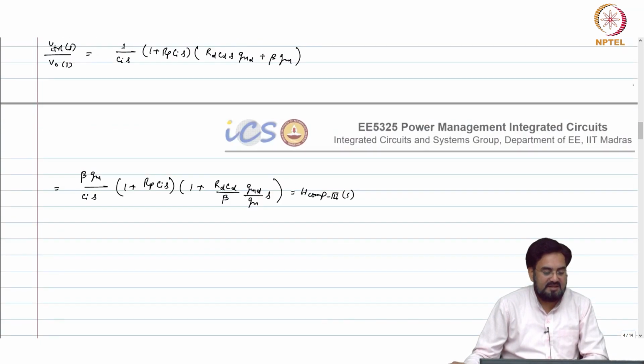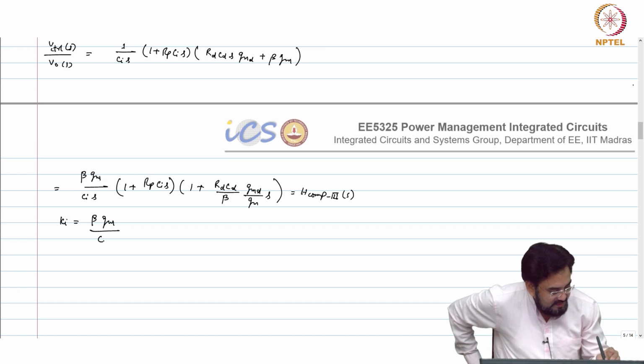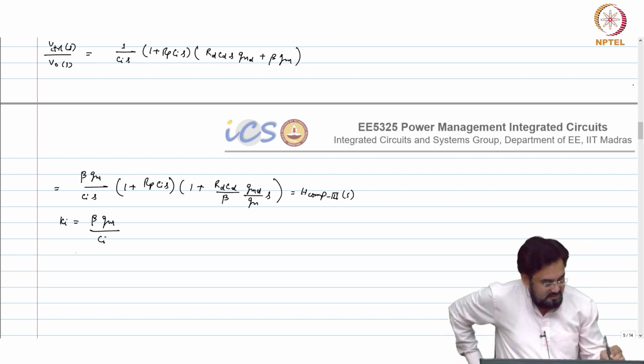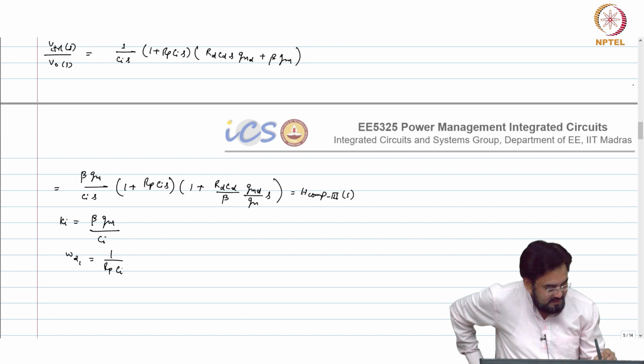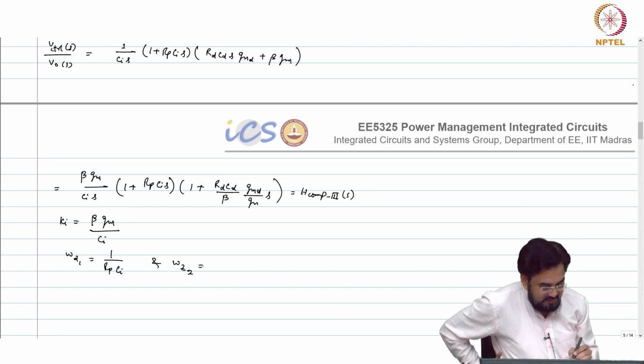Now second 0 is coming at where? So your Ki is beta Gm over Ci, omega Z1 is 1 over Rp Ci, and omega Z2 is what? 1 over beta Gm, beta GMD by GM into RDCD, Gm by Gmd.